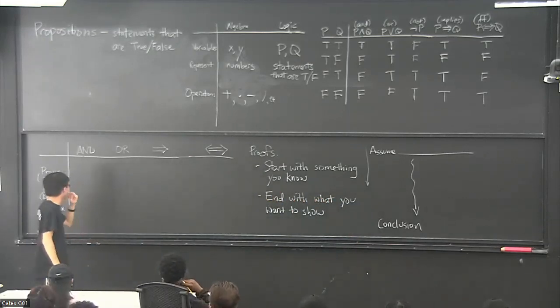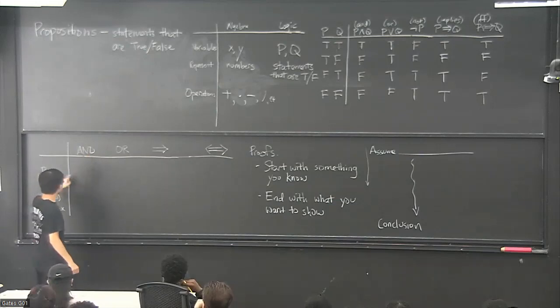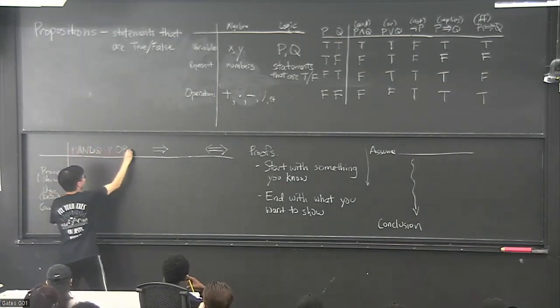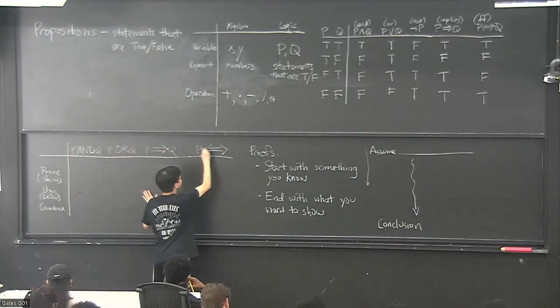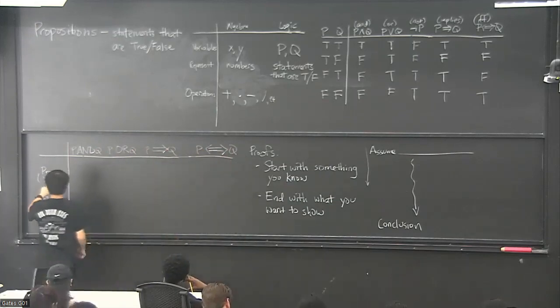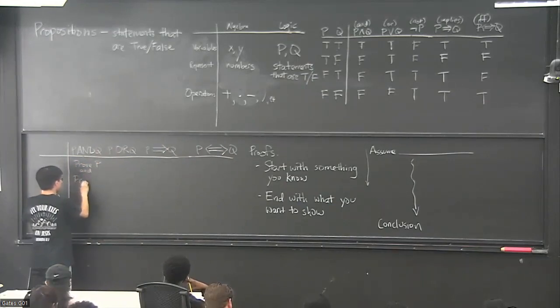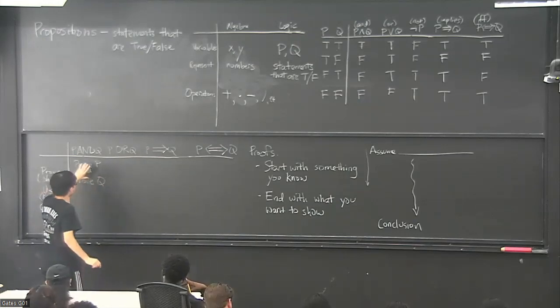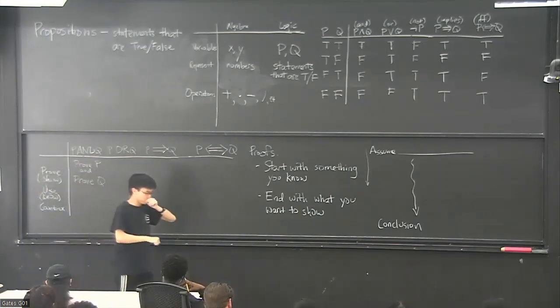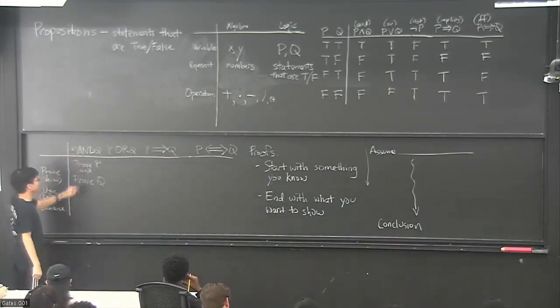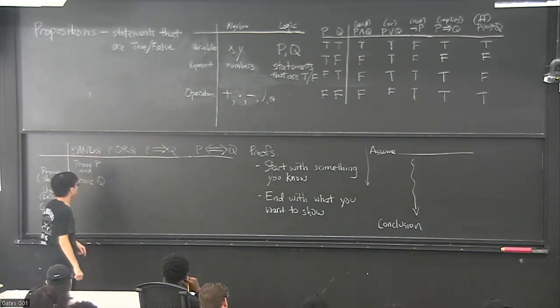If you want to prove something that's an AND statement, maybe I can write P and Q, P or Q, P implies Q, P if and only if Q. If you want to prove it, you need to prove P and prove Q. So when you have to prove an AND statement, you essentially need to prove two things. You need to prove P individually, and you need to prove Q individually.